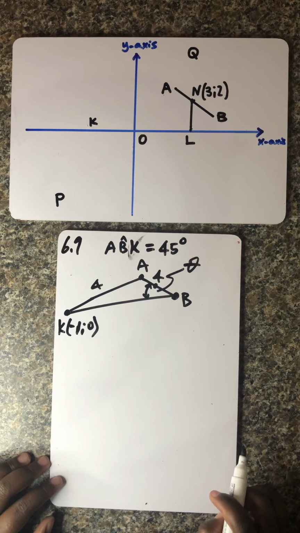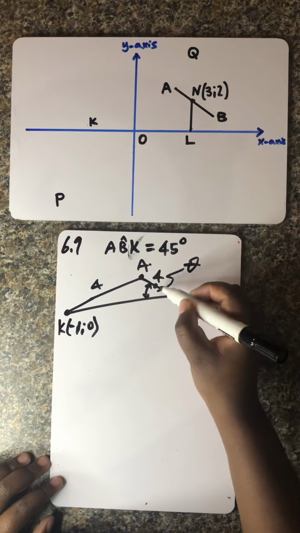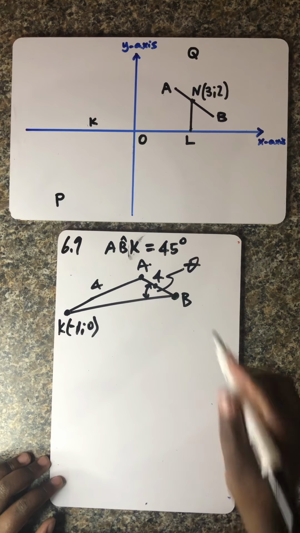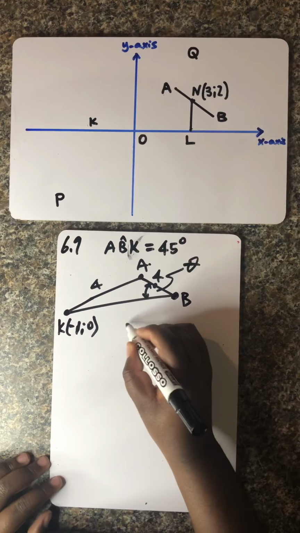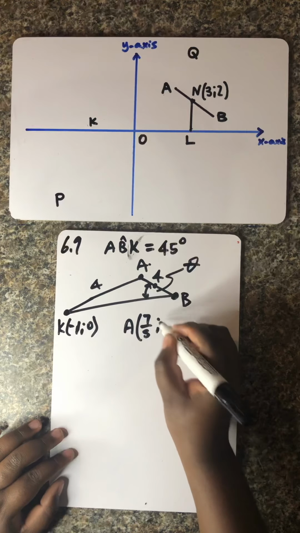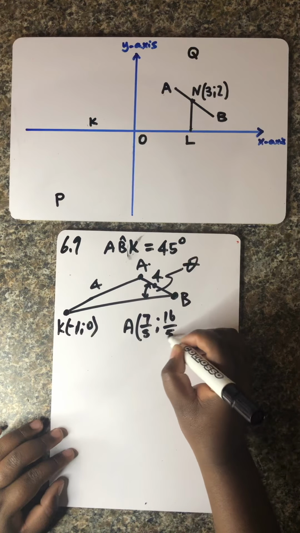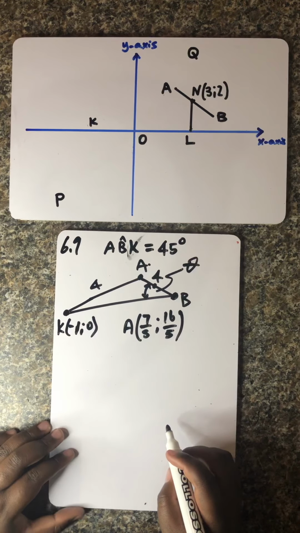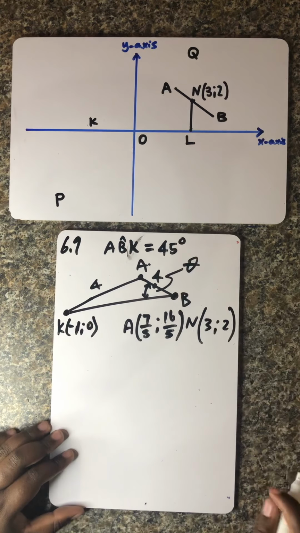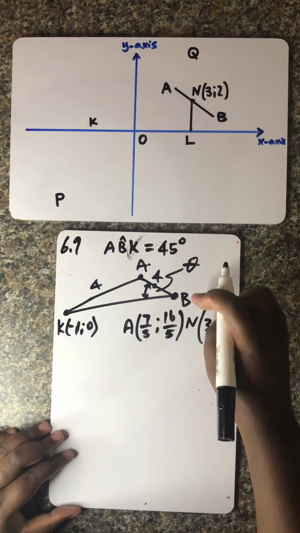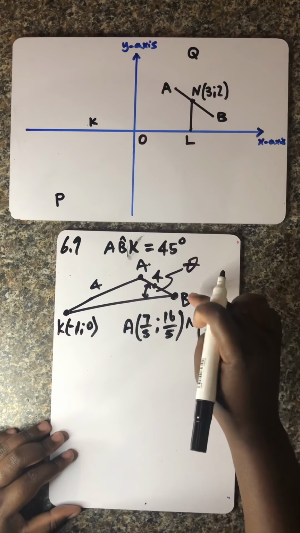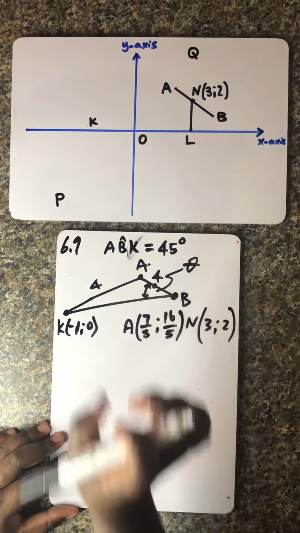We obviously know the coordinates of A and N. We're given the coordinates of A, if you remember, ladies and gentlemen: it was from question 7/5 and 16/5. And we know the coordinates of N are 3 and 2. We can then use the midpoint formula to calculate the coordinates of B. As soon as we get the coordinates of B, we can calculate the length of KB.